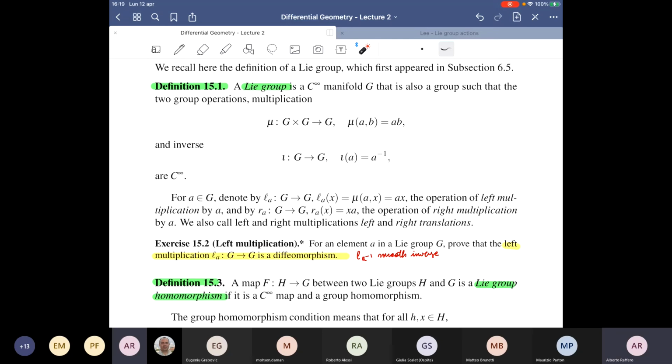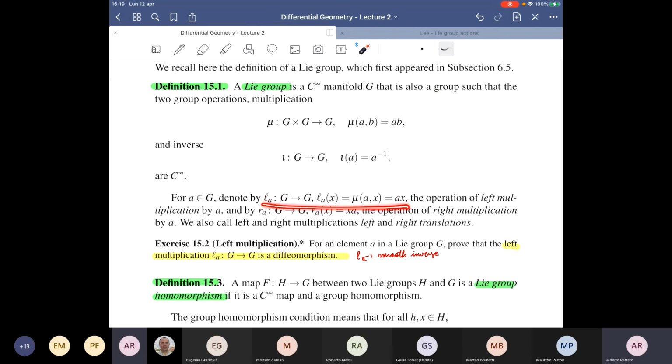Once you have a Lie group, you can consider some well-defined maps on the Lie group. Two special maps you can consider are the so-called left multiplication and right multiplication. Take an element A of the Lie group and consider the map from the group to itself which sends each element to the product on the left of this element by the element A we fixed before.